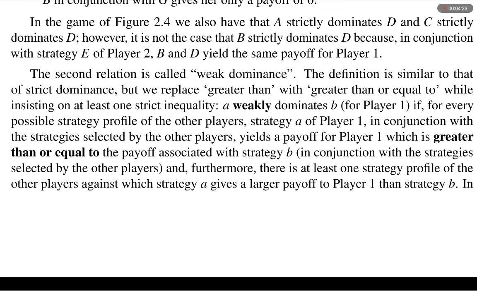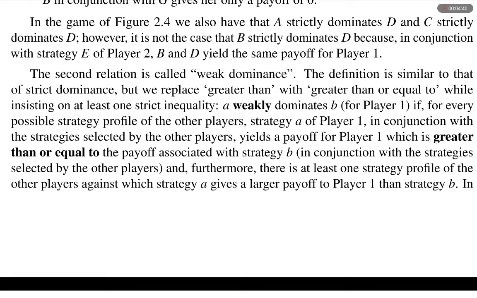The second relation is called weak dominance. The definition is similar to that of strict dominance, but we replace greater than with greater than or equal to, while insisting on at least one strict inequality.